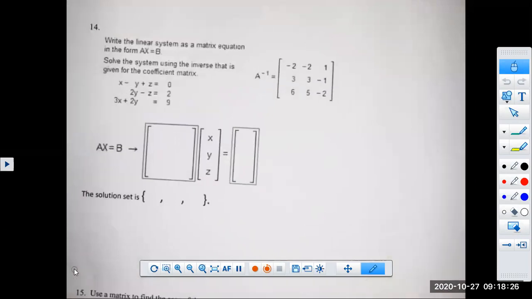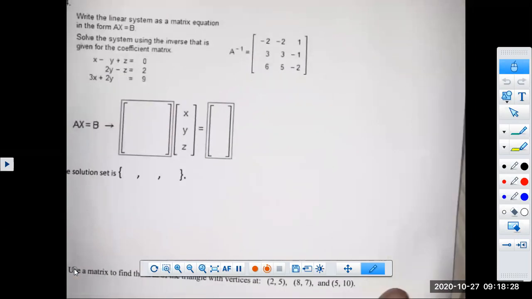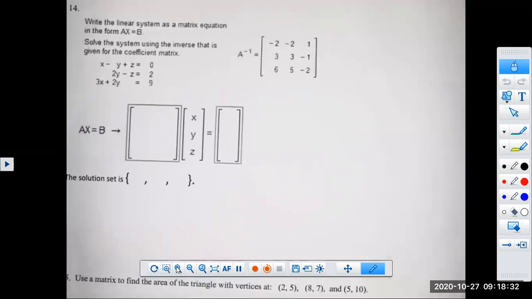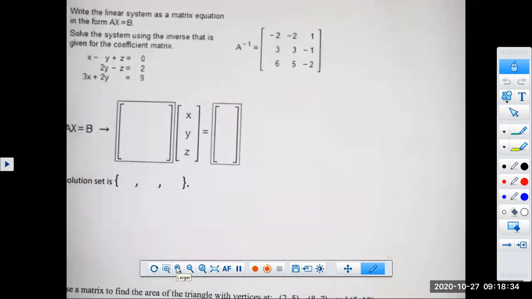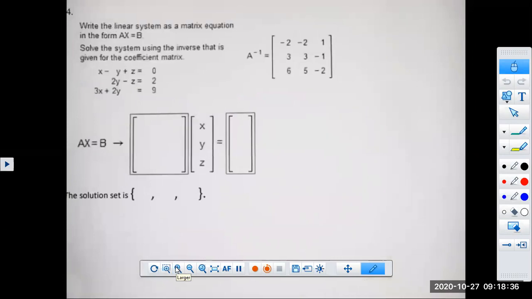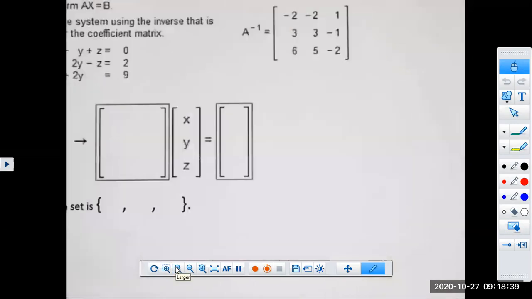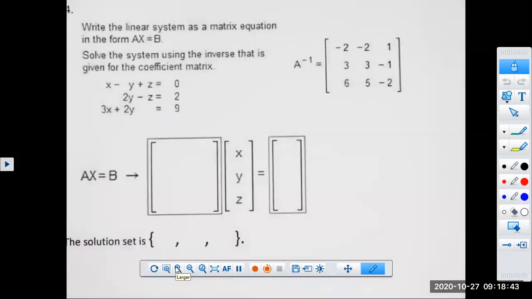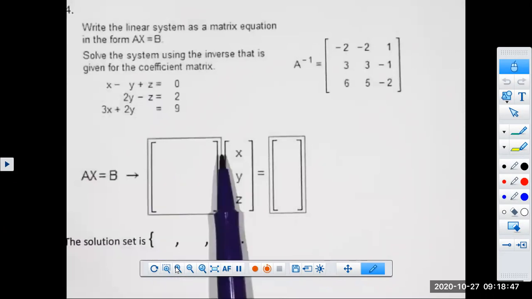Okay, you're going to see a problem just like this, very similar to what we just did. They're going to tell you to write the linear system as a matrix equation. They give you a space for you to fill in your coefficients.